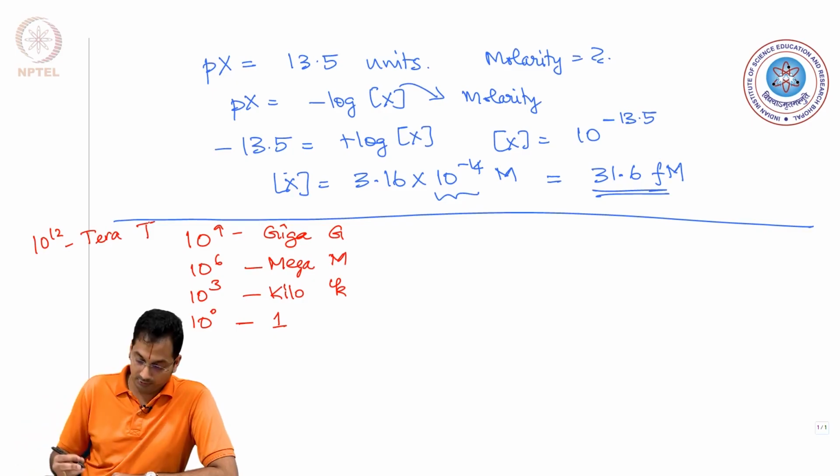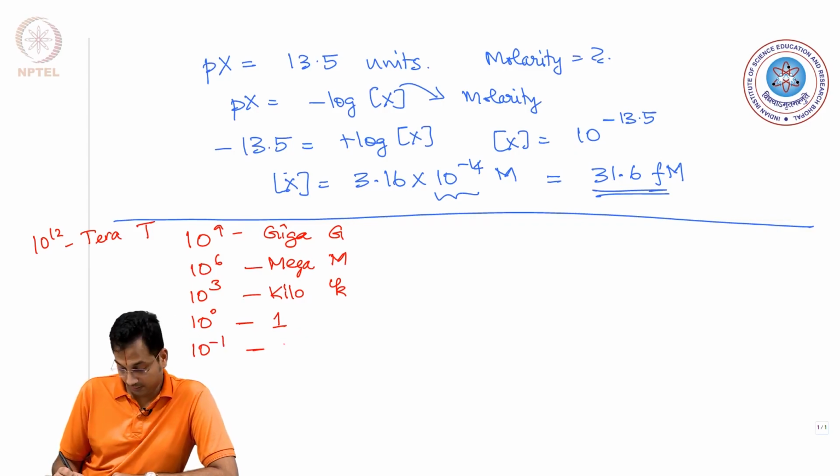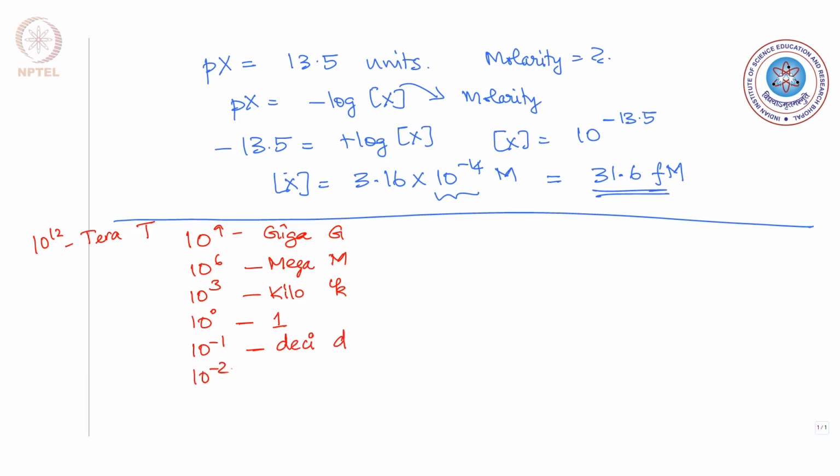Let us go looking at smaller numbers. 10 power minus 1 is given as deci. 10 power minus 2 is given as centi. We are very familiar with decimeter and centimeter. 10 power minus 3 is milli, as in millimeters.